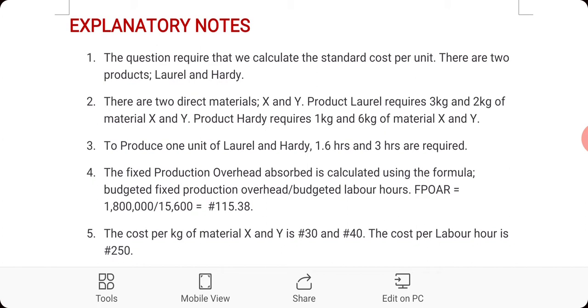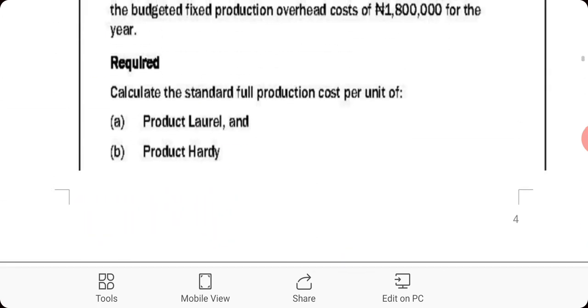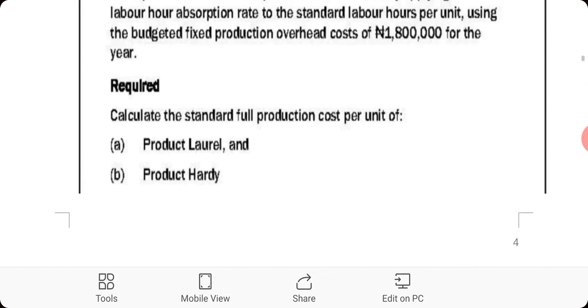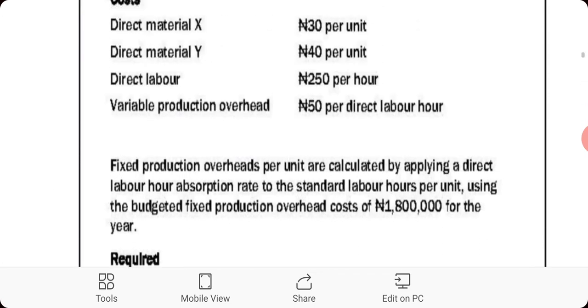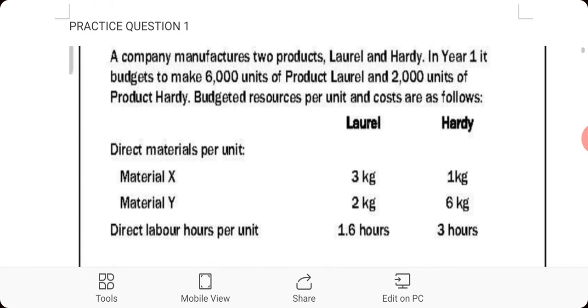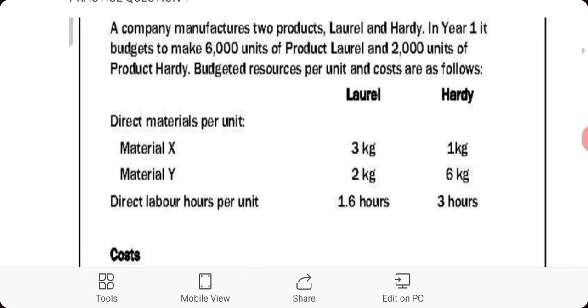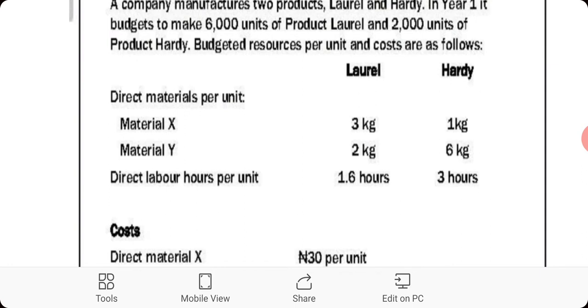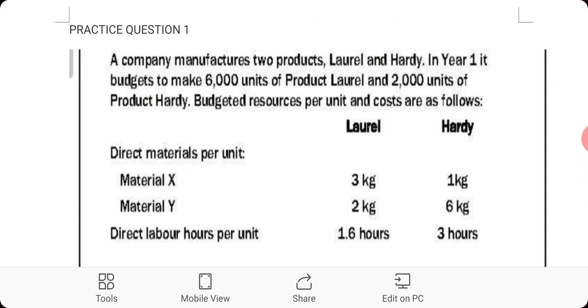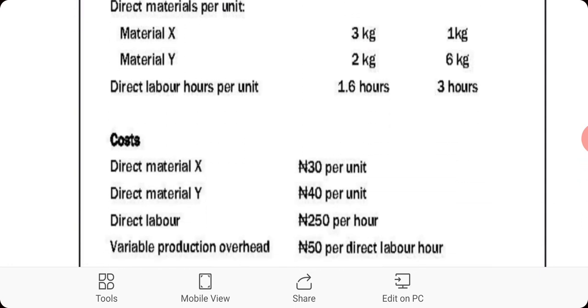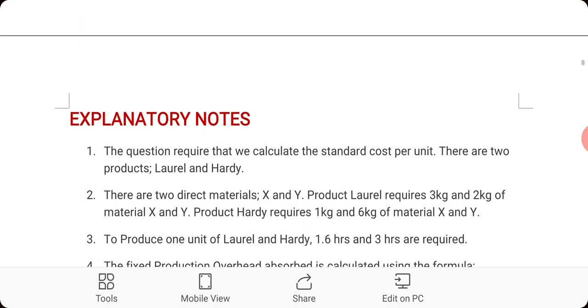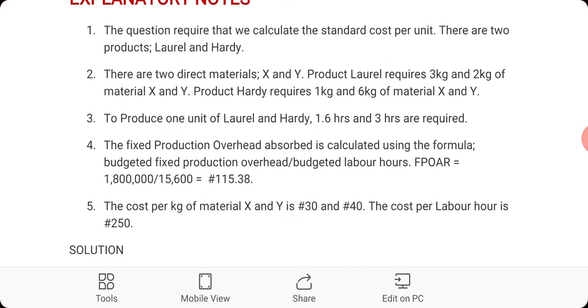I took 1.8 million, which was given to us here, divided by the total labor hours. How do we get total labor hours? 6,000 for Laura multiplied by 1.6 per unit, plus 2,000 multiplied by 3 hours. This will give us 15,600 if you add both. So that was how I got this 15,600.